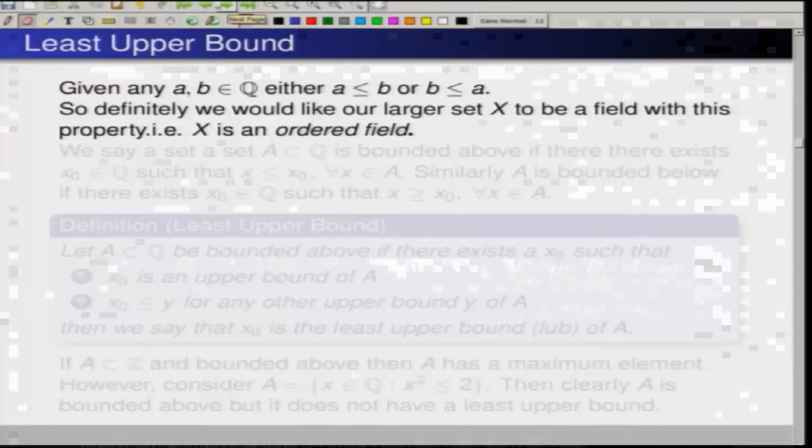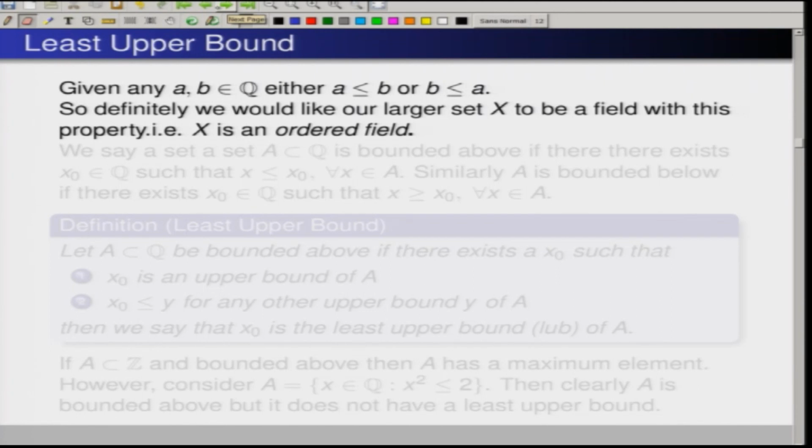So, definitely what we would like to have for a larger set X, which is going to be a field, is not only that it is a field, but that any two elements of it can be compared. That is what is called an ordered field.